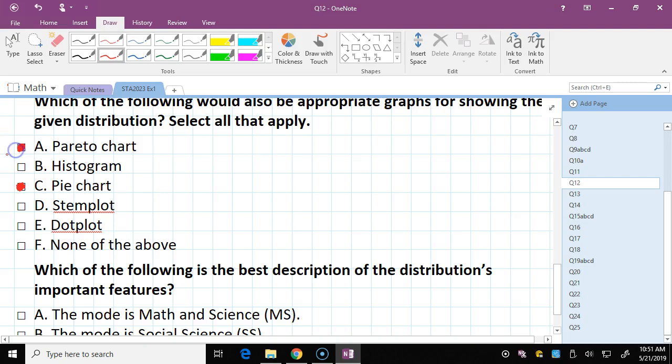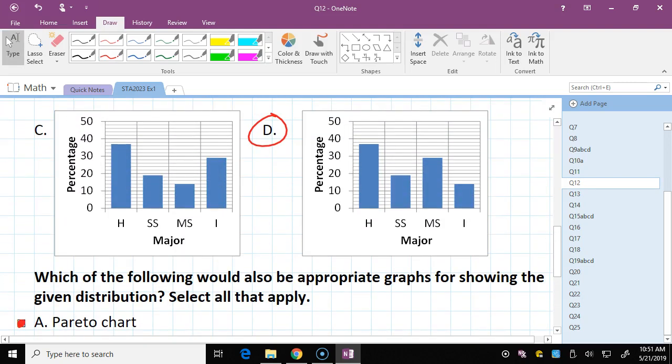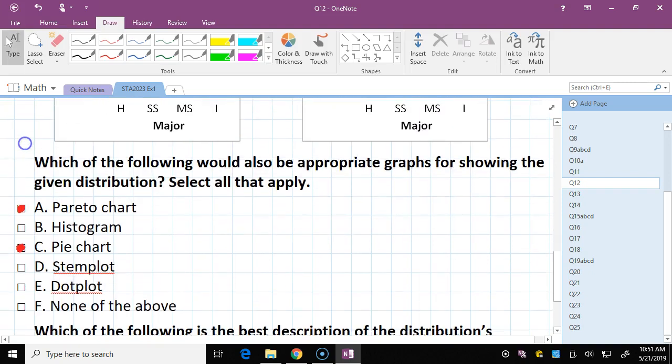Because the original graph was not a Pareto chart. Original graph was just a bar graph. So putting this in order from the tallest bars on down also is valid. So remember, this question is asking about what's going to work in addition to what you just saw. That's for numerical, and you can't connect those. There's no way.